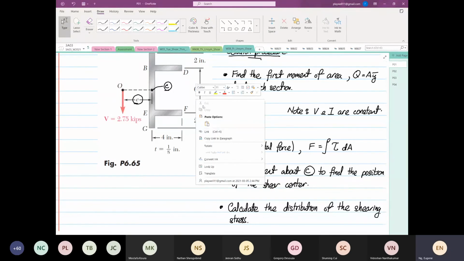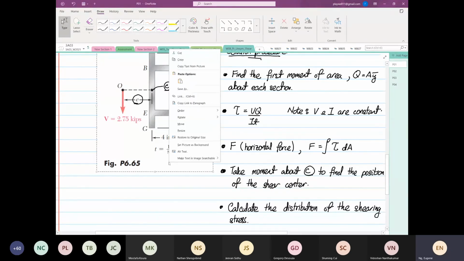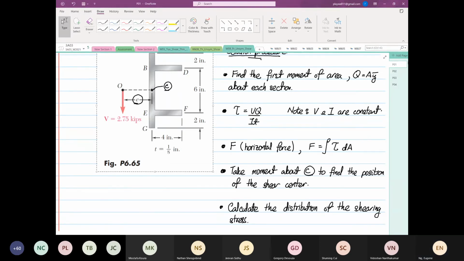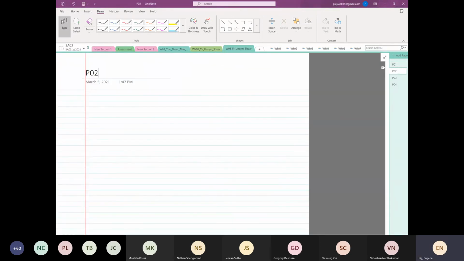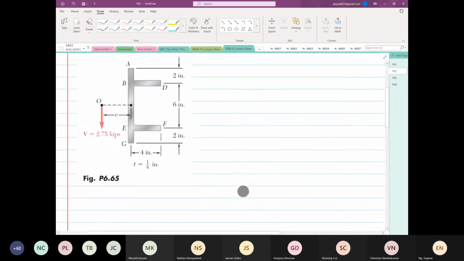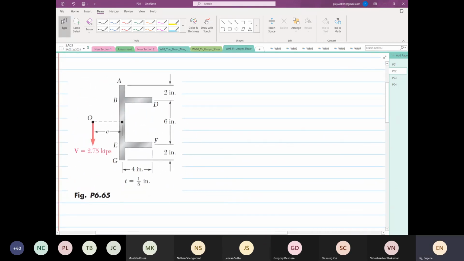Let me copy this first. Okay. So we're going to calculate the second moment of area.